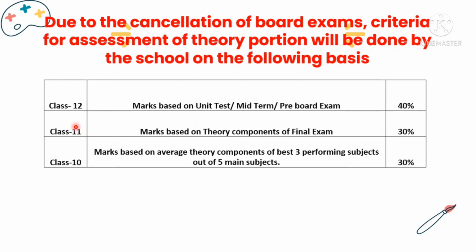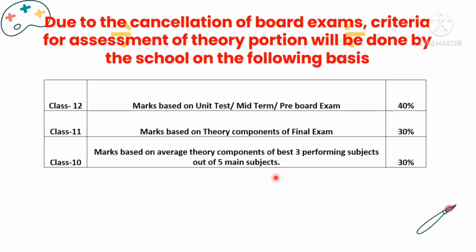Now from class 11, the school has to take 30% marks on the theory component of the final exam. When the students were in class 11, the school has to take 30% marks based on the theory component of the final exam, because that exam was conducted in offline mode. And from class 10, again 30% of marks based on the average theory component of the best 3 performing subjects out of 5 main subjects.